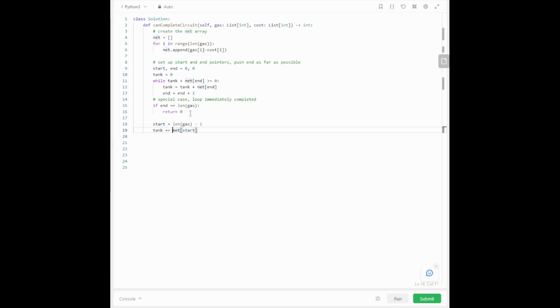Now notice that this time, this actually matters, because this time we actually want to add the value at net after we move start, whereas here we add the value to the tank before we move end.